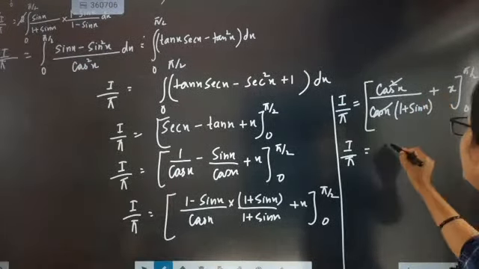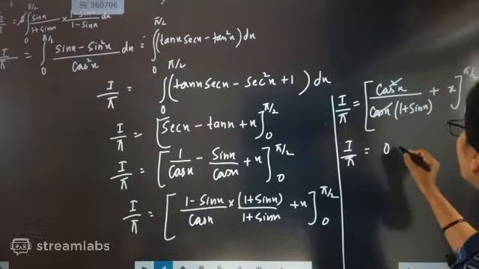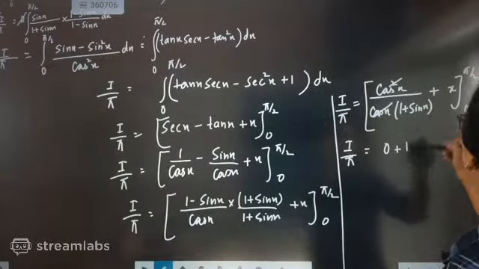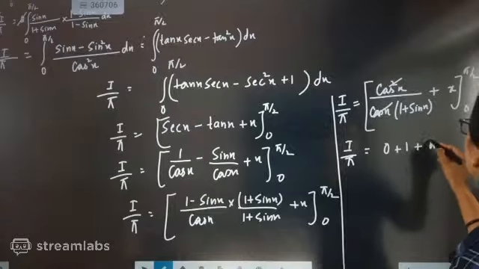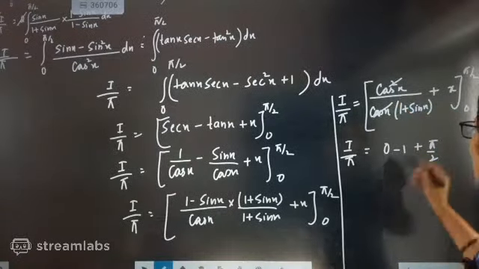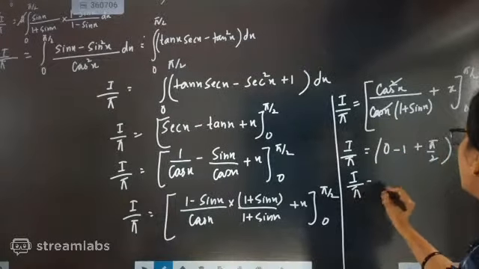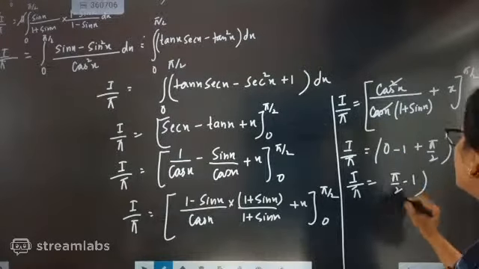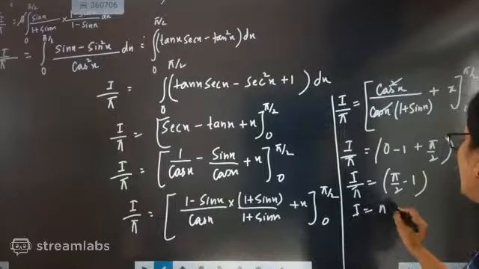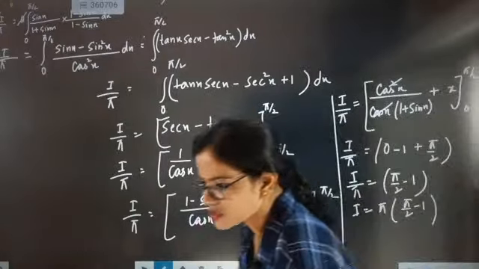When pi by 2 is put, it becomes 0, and when you put 0 there, it gives you 1, and this part comes as pi by 2. So minus 1 will come here, and then pi by 2. So I by pi is equal to pi by 2 minus 1. So I will be equal to pi by 2 minus 1. This is your answer.